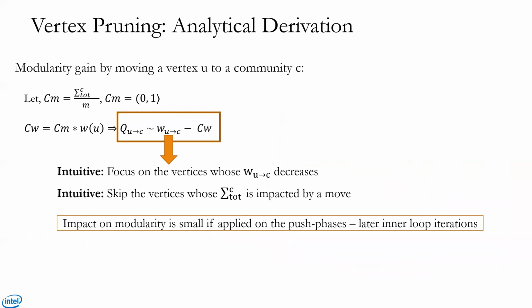Therefore, it should be clear that we need to focus on the vertices whose W_U to C term decreases because of a move, and we may skip those vertices whose C term changes for a move. The impact of vertex pruning on modularity is small, especially if applied on the push phases, that is the latter inner loop iterations.